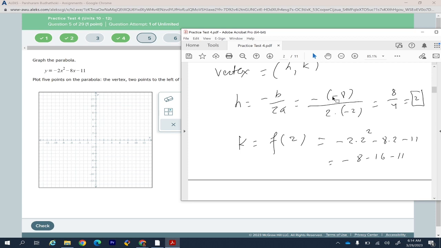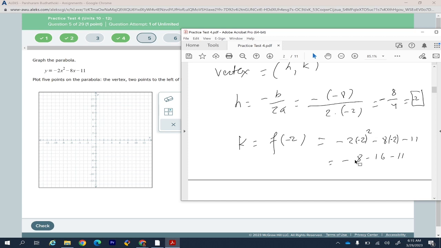When I do this calculation, negative times negative is positive, and because of this negative, eventually it will be negative, so it will be -2. Okay, so if you now replace x by -2, this calculation will be a little bit different.